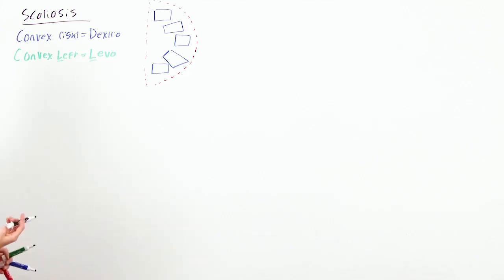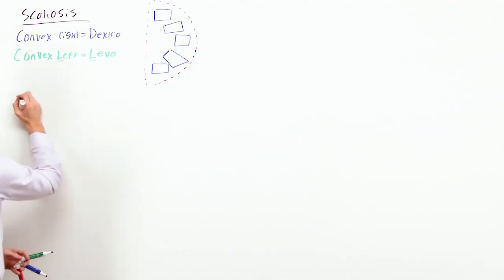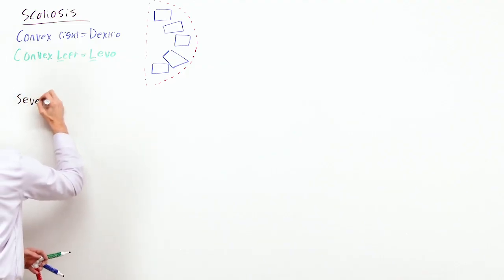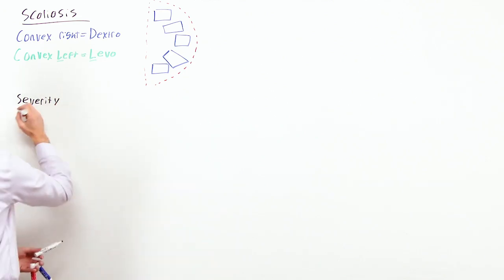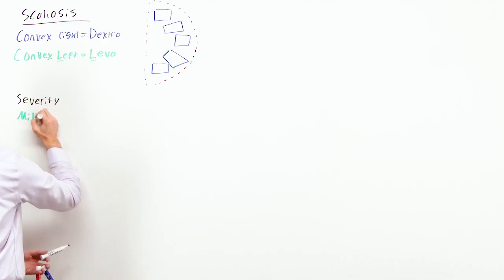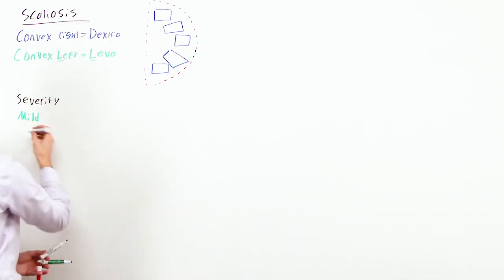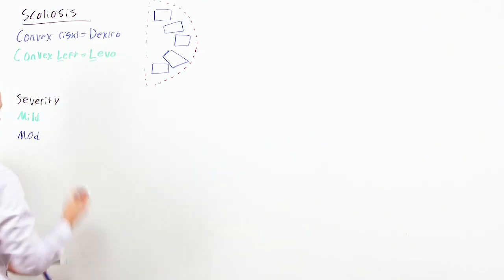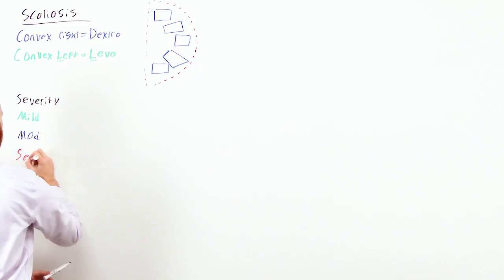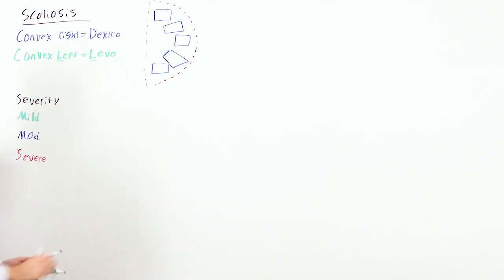So what about the severity of scoliotic curves? There are three different classifications that you need to know. You can have mild, you can have moderate, and you can have severe. So how do we calculate these different severities?